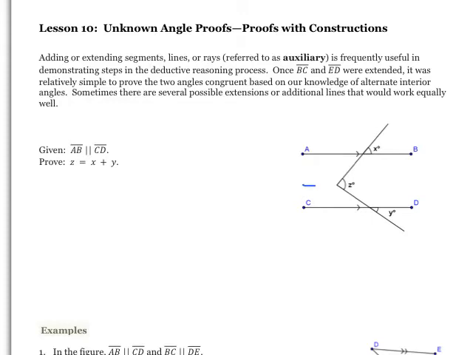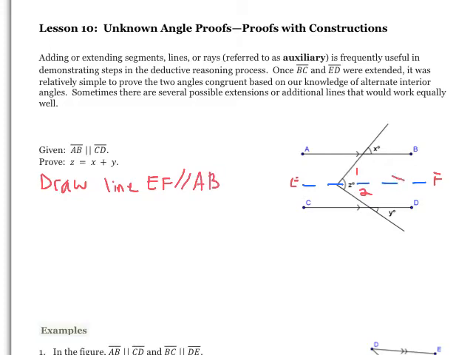We'll start off drawing our own line here, and I'm going to split angle Z into angle 1 and angle 2. So for our proof, we say we draw a line, and we can call that line EF if we want to, which is parallel to AB.